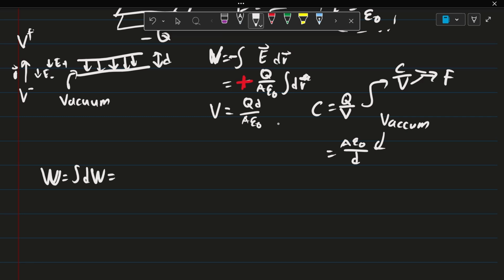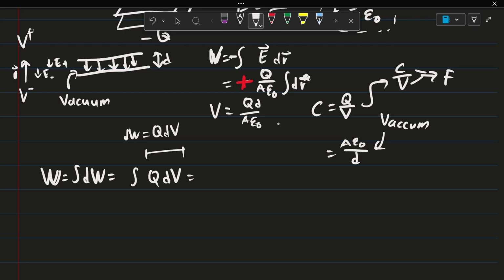So this change of work will be the integral of Q dV. This is something that we have already obtained last time, in which we know that dW equals Q dV. So you just put this inside the integral.